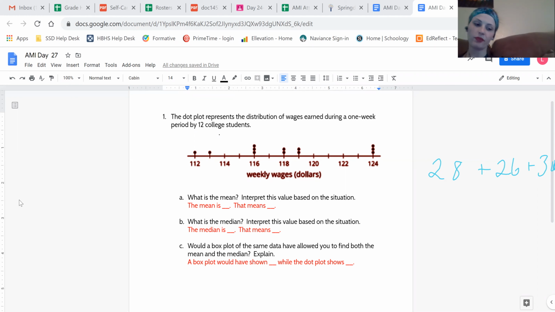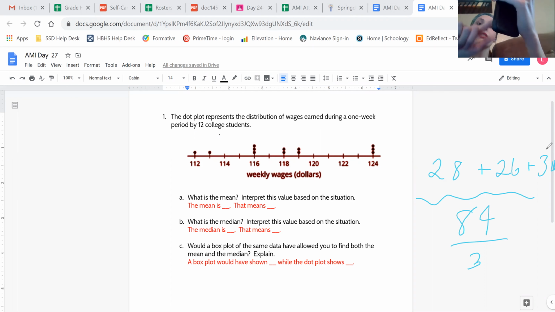So how you calculate the average is you take your 26 plus 28 plus 30, and you get 84. When you add all these together, you get 84. Now to find the average, you add them all up and then divide by how many terms there are. We have 3 terms, so 28, 26, and 30. We have 3 friends. So 84 divided by 3.